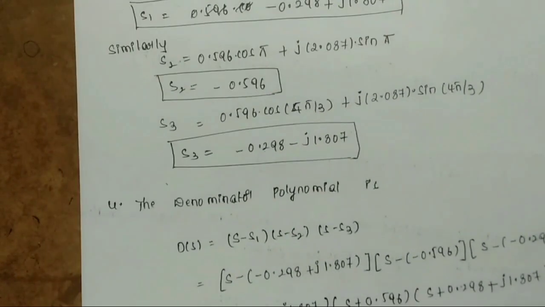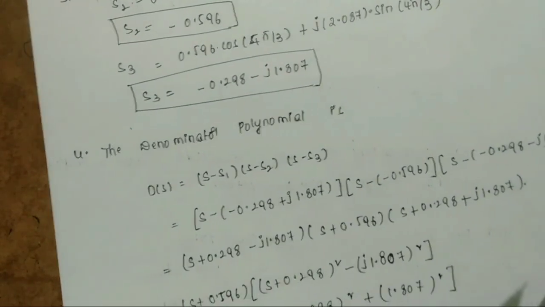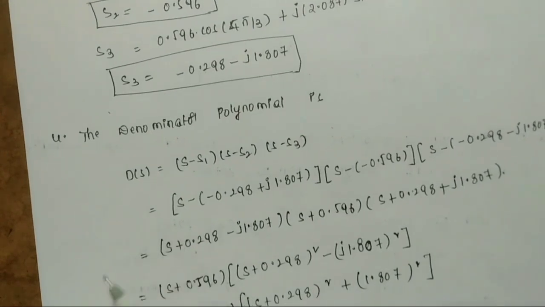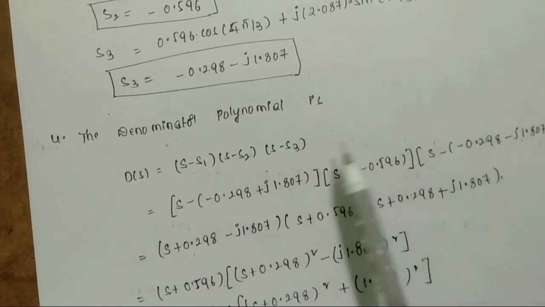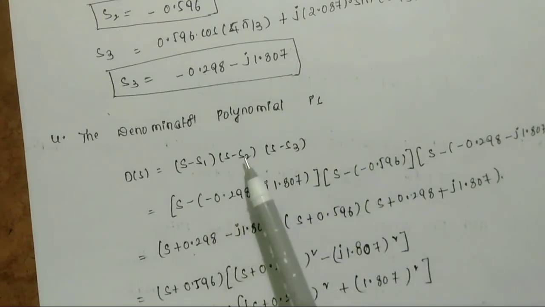After calculating S1, S2, S3, we have to calculate the denominator polynomial. The denominator polynomial D of s is (s minus s1) into (s minus s2) into (s minus s3). Actually this formula continues up to s minus sn, but here the n value is 3, so we have only three poles, s1, s2 and s3.